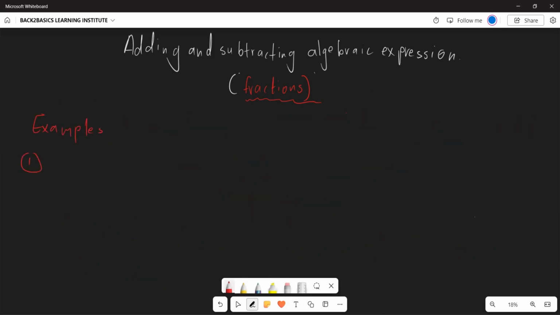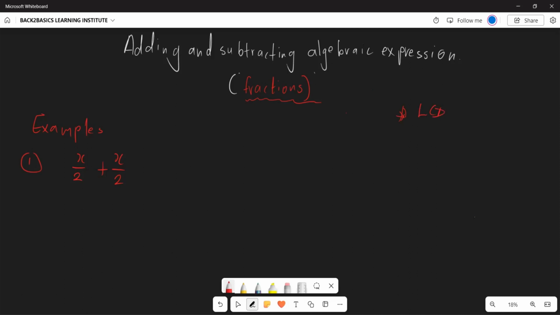Let's say number one, they give you x over 2 plus x over 2. Firstly, you need to solve this. How can you simplify these algebraic expressions? Remember, one of the key things I said is you first check whether both of these have the same LCD.